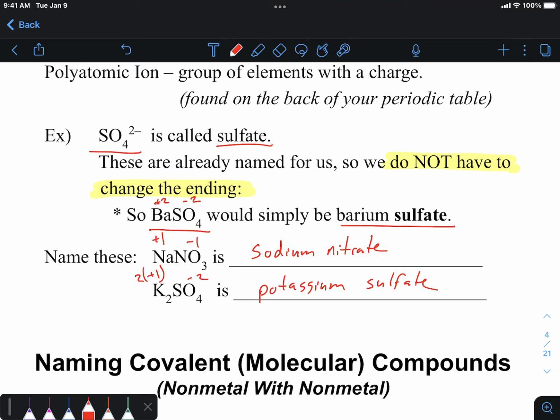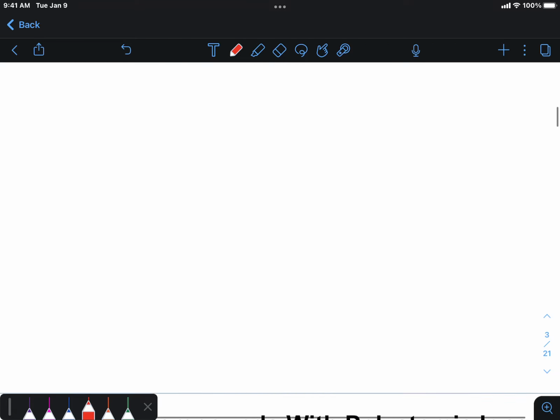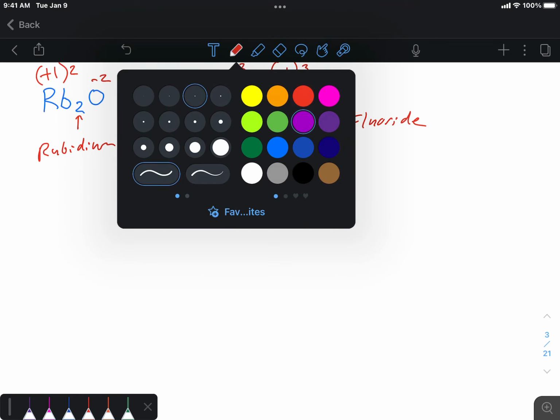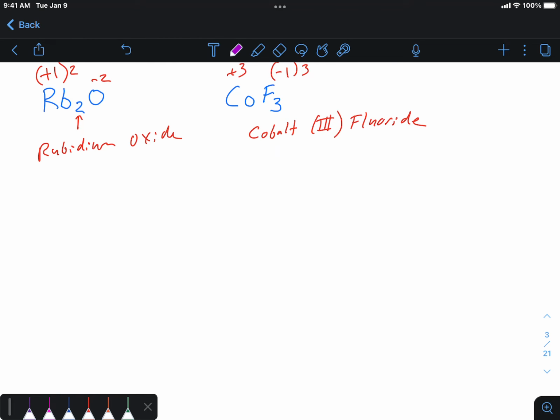Okay, so if there is a polyatomic ion, don't let that throw you. All right, you still follow the same guidelines. The only difference is you do not change the name of the polyatomic ion. All right, let me go back to that blank space here and give you some that are a little bit more involved. Okay, so how about something like this?